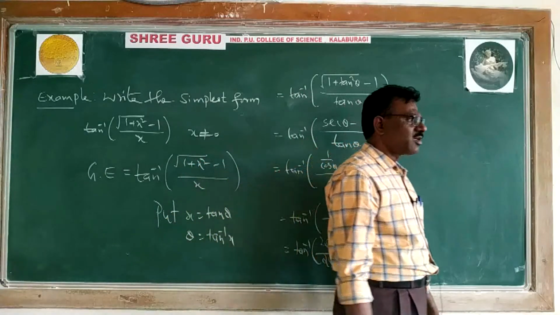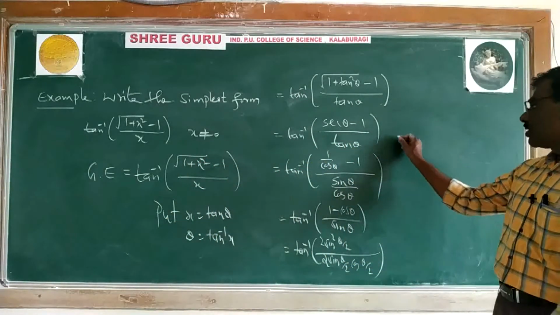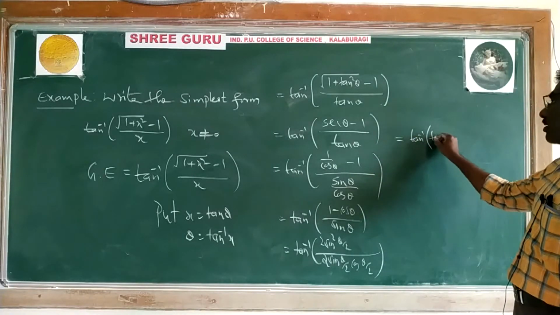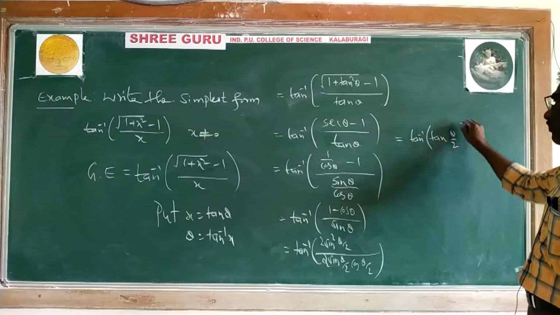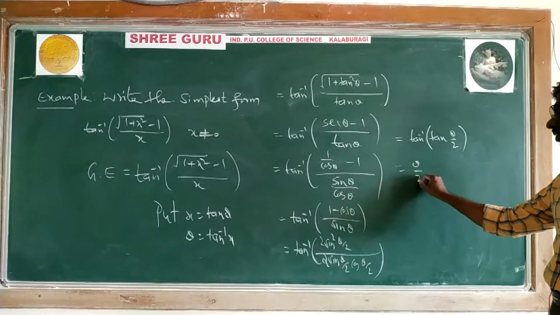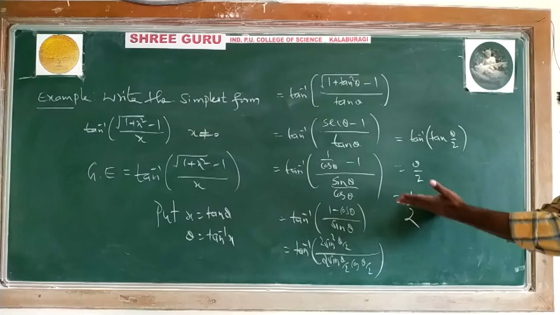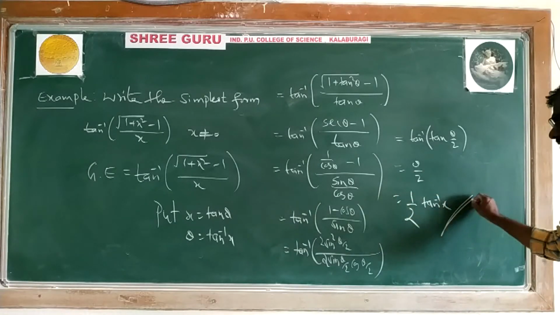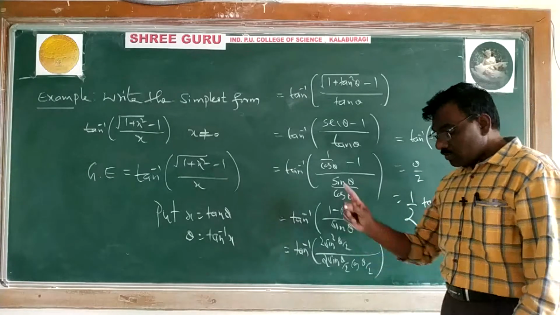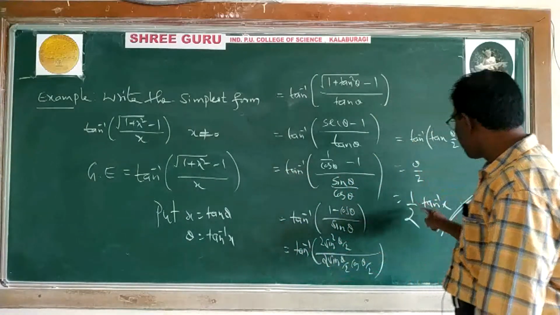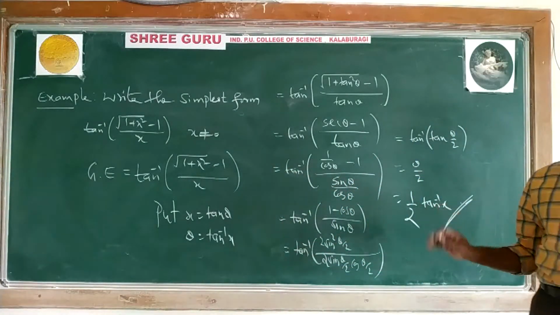It is a simple trigonometric formula, equal to tan inverse of tan theta by 2, which equals theta by 2. Theta is tan inverse of x. So the simplest form of tan inverse of (root 1 plus x square minus 1) by x is half into tan inverse of x, that is, 1 by 2 tan inverse of x.